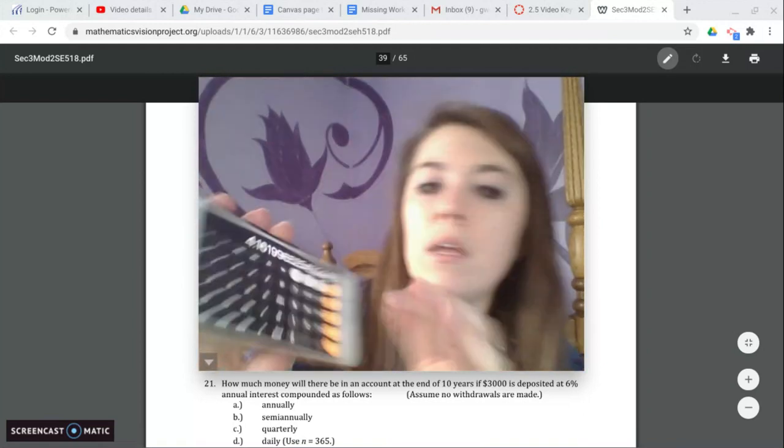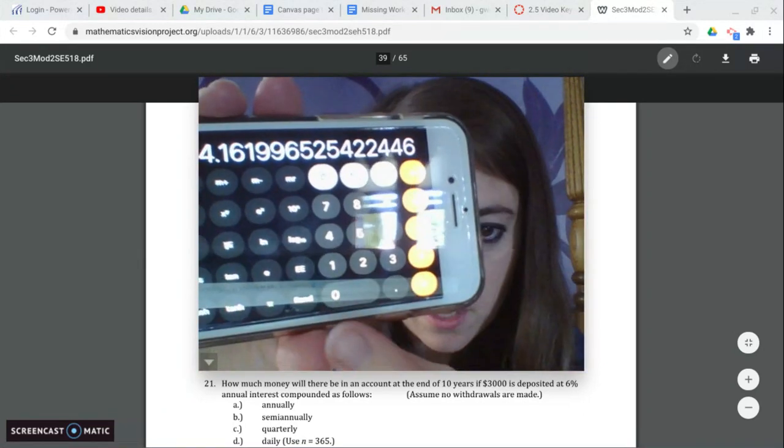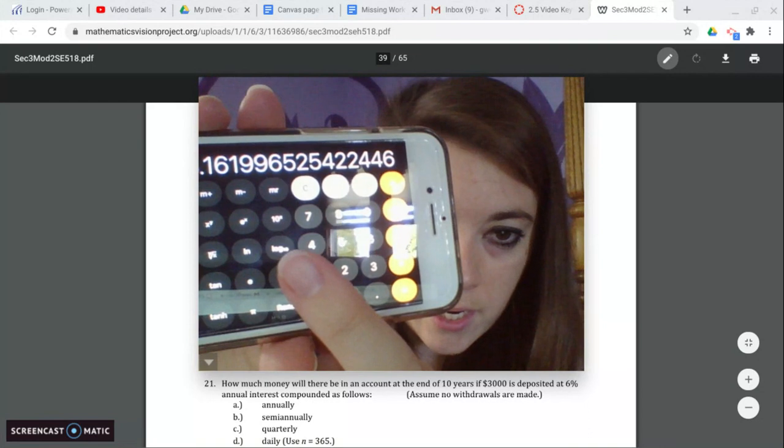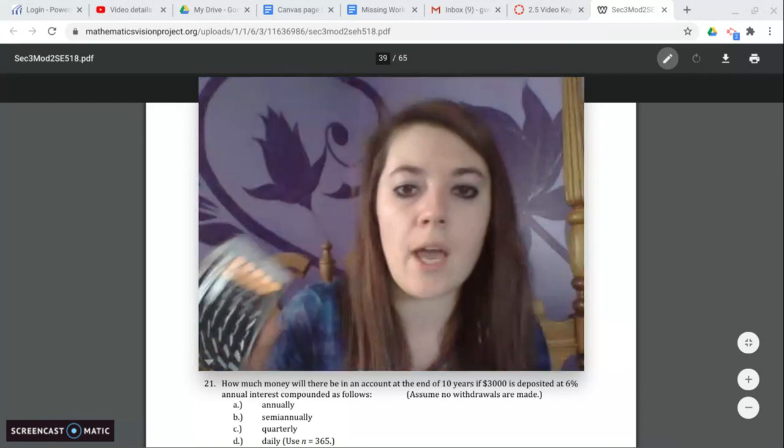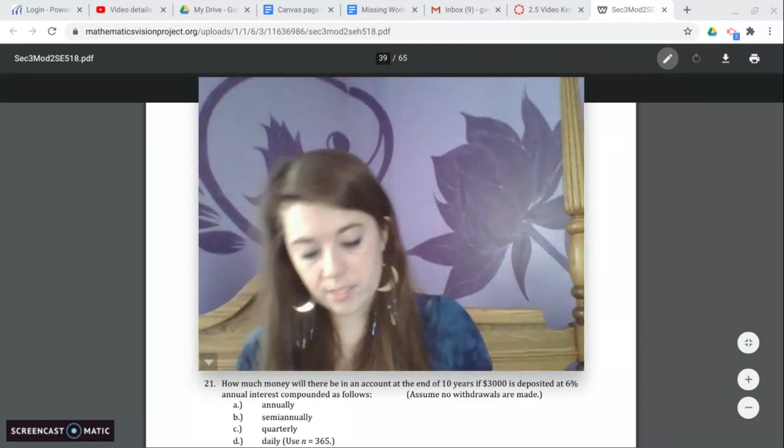And the log base 10 button is, if I can get it close enough, this one right here next to the 4 when you extend your calculator, okay? So that's the button we want to use.